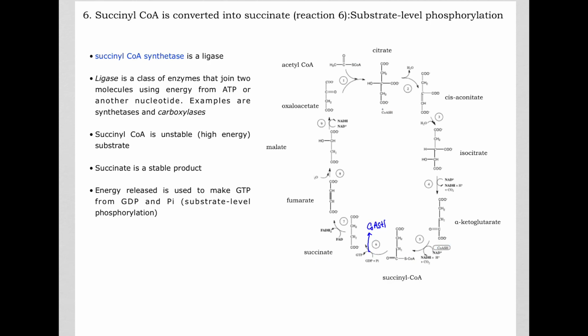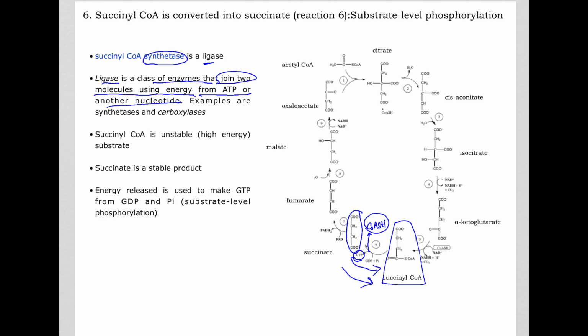So this name synthetase, which is a ligase, is actually given for the reverse reaction, where you take succinate and coenzyme A and use the energy from a GTP or ATP to form succinyl-CoA. So ligase is a class of enzymes that joins two molecules using energy from ATP or another nucleotide. So the name of this enzyme comes from the reverse direction.